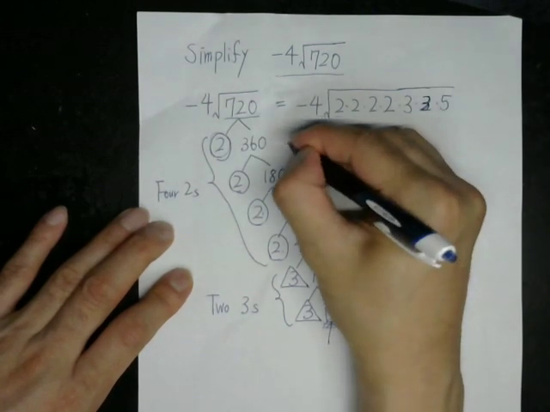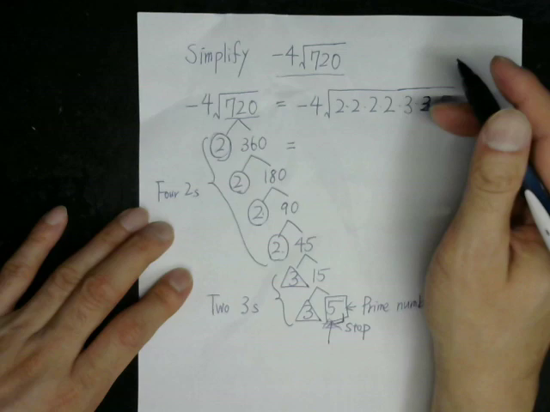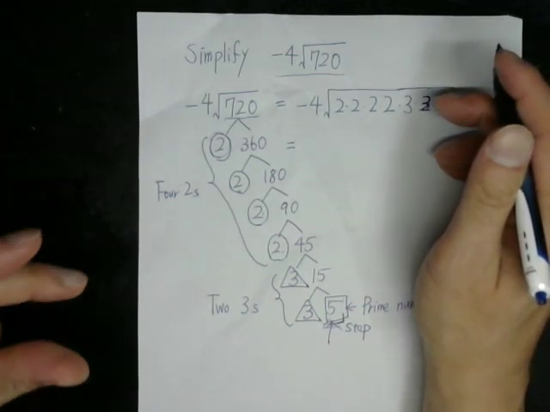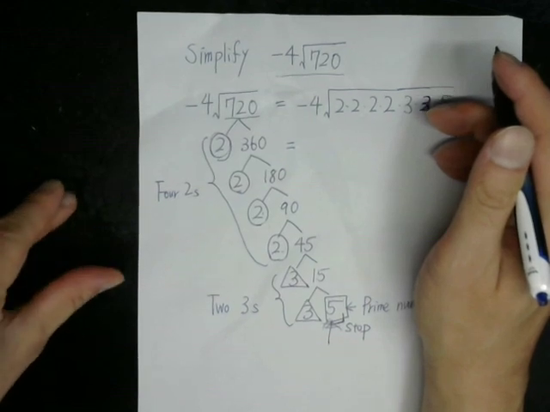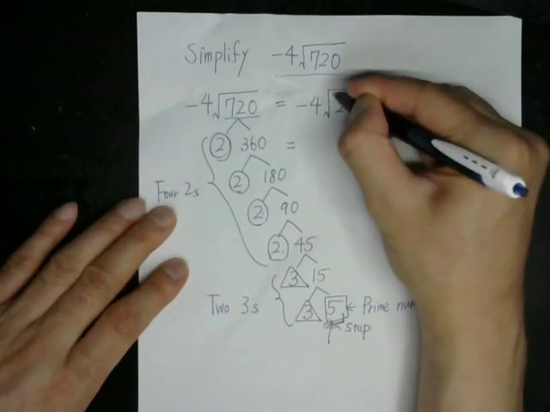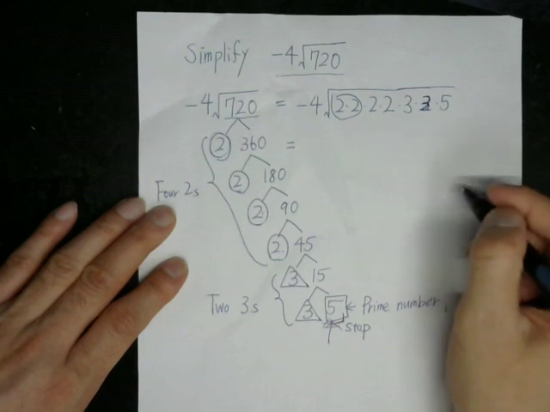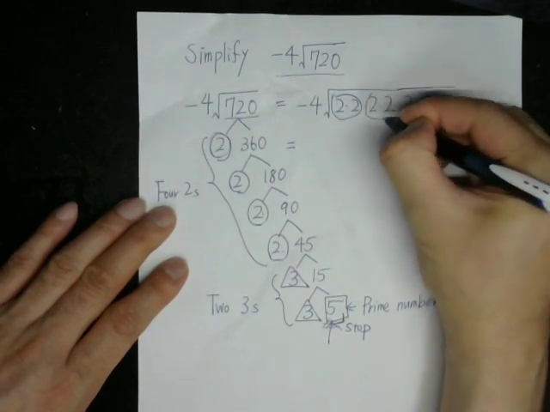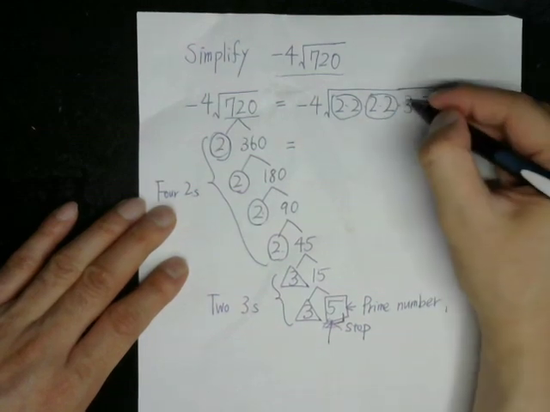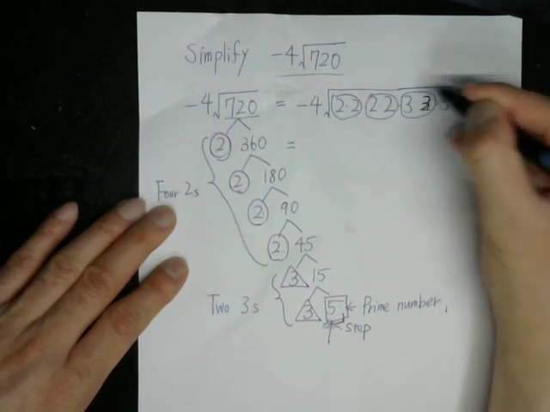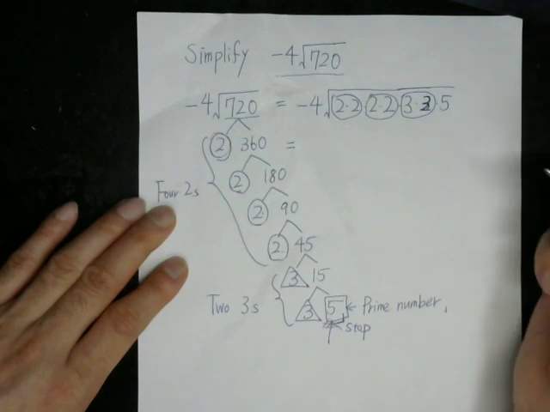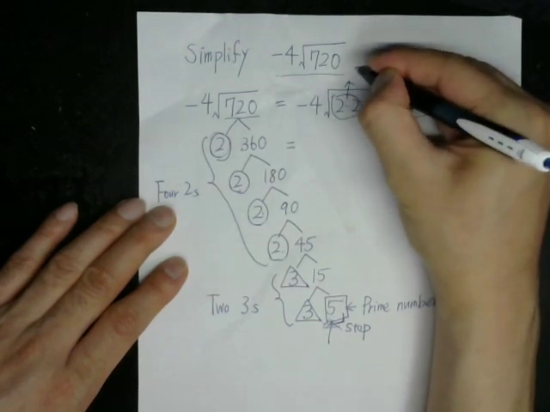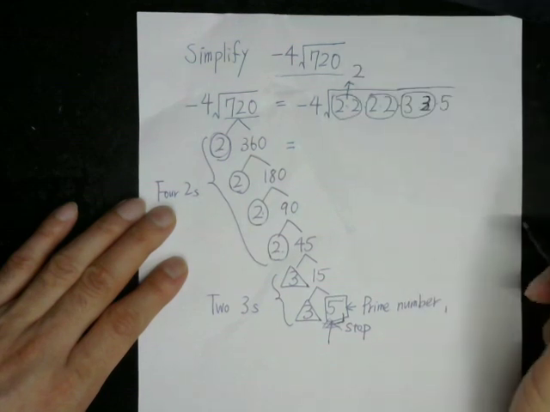Now, like I said, you want to create pairs of the same number multiplied inside the square root. Here I find a pair of 2, another pair of 2 here, and a pair of 3 here. You can circle them. This pair generates a whole number 2. You remember?